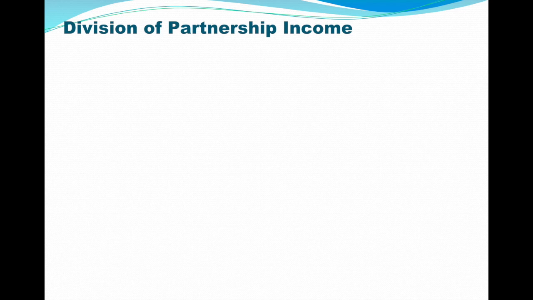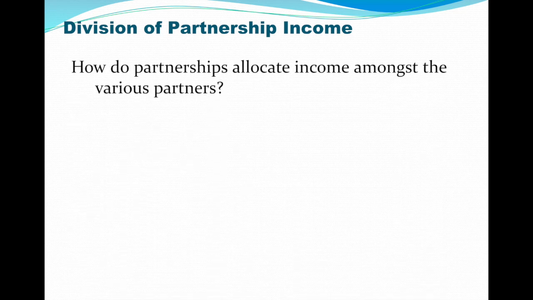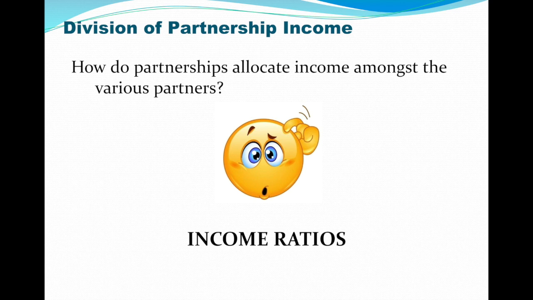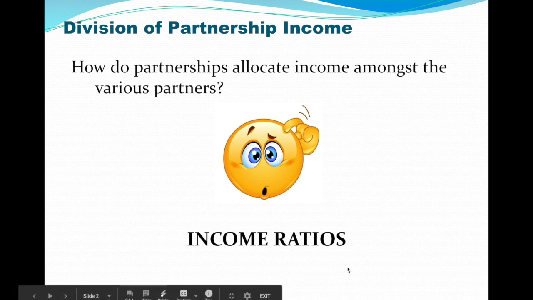So you might be looking at a 60-40 split. And really, any option is valid. The important thing is that the way that we divide partnership incomes when it's not 50-50 is through income ratios.